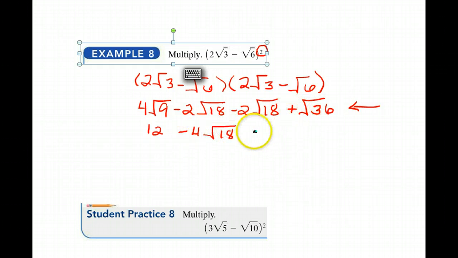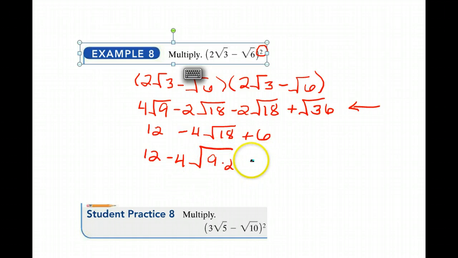And then the square root of 36 is 6, so I'll write plus 6. We can simplify more by breaking the 18 into a 9 times 2 and bringing down the positive 6. As we take the square root of 9, please remember that we must multiply it by that negative 4 out front. So negative 4 times 3 is negative 12 root 2 plus 6.